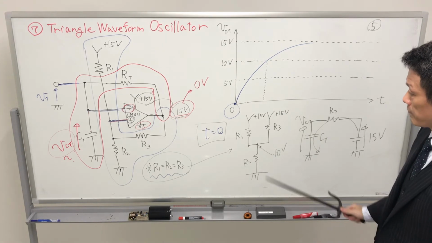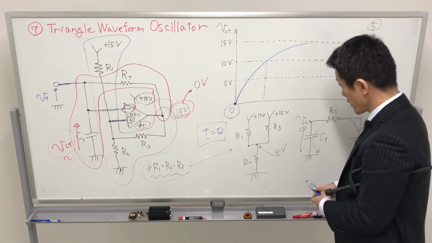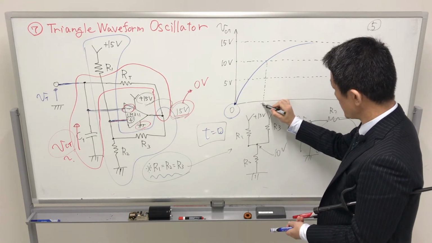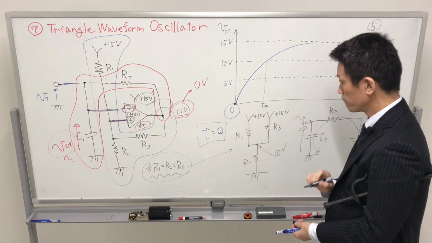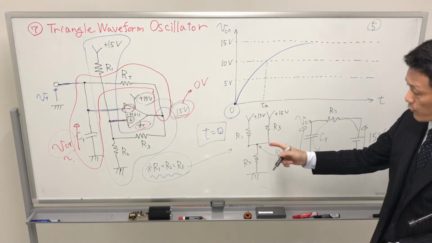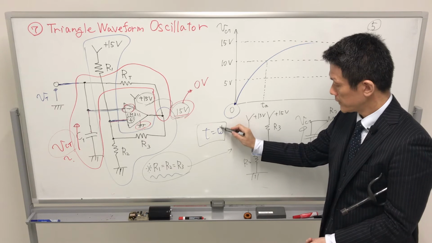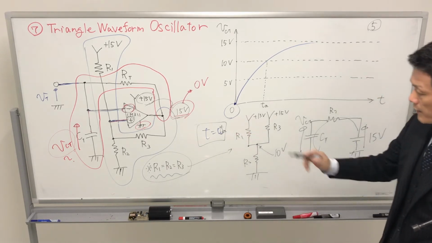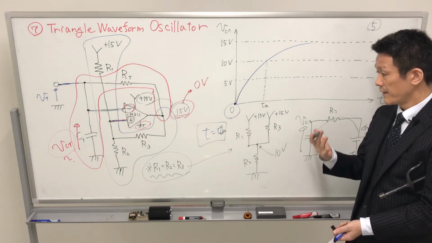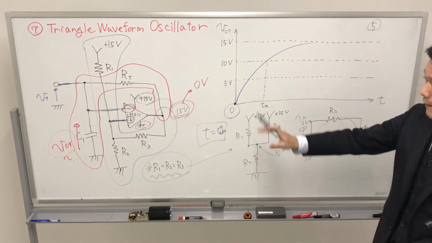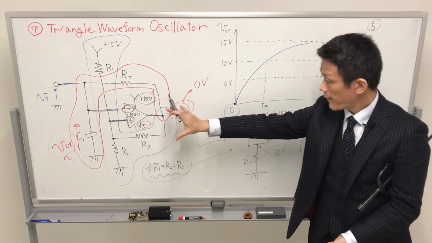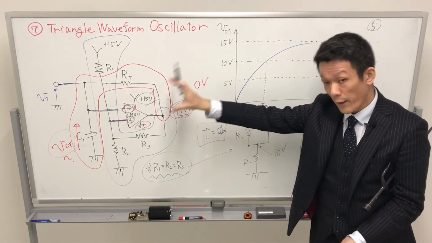So in the case of T equal TA, please write the equivalent circuit of the blue line circuit and the red line circuit.